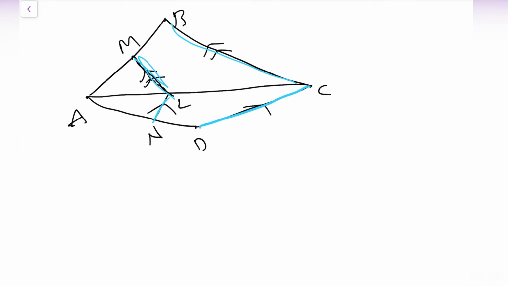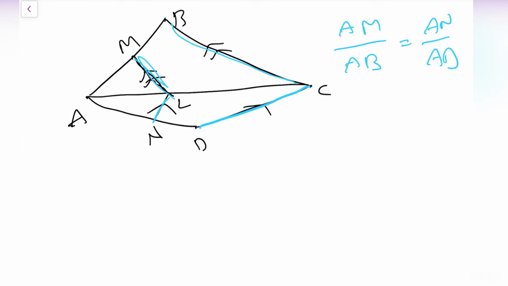Now he is asking us to show that AM by AB equals AN by AD.